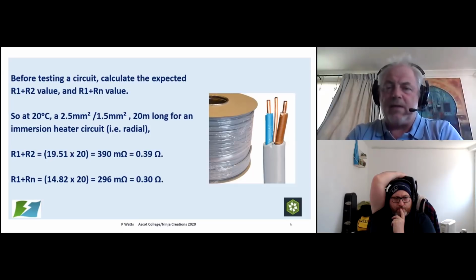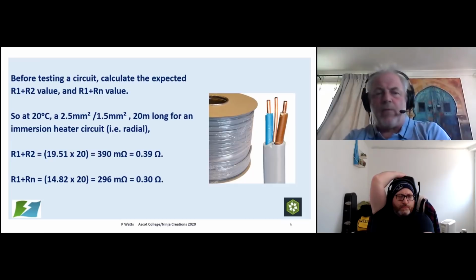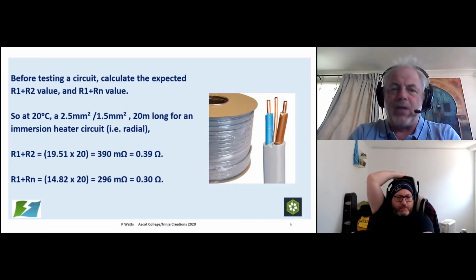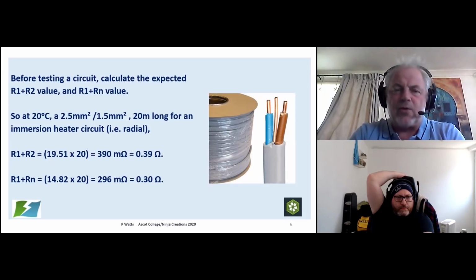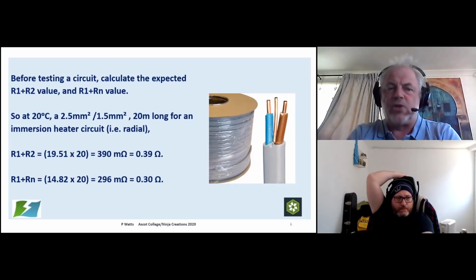And if that isn't what comes up on my tester, then I start to think, hang on, we've got an issue. So for instance, if it's at 20 degrees C, I'm keeping it simple, using a 2.5 to 1.5, 20 meters long. We've got a radial circuit feeding an immersion heater.